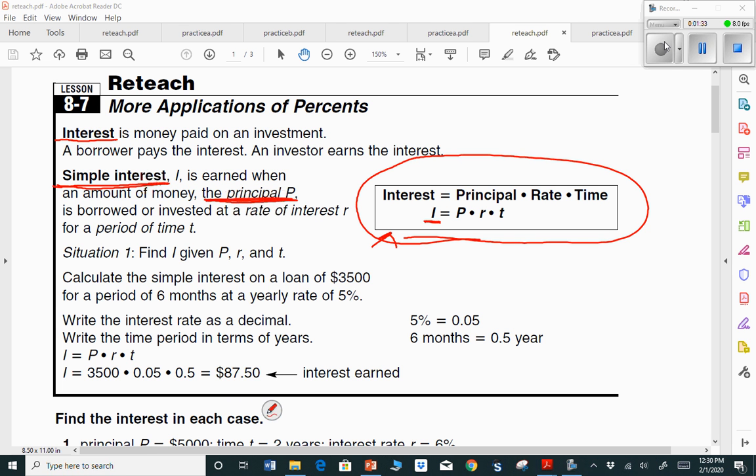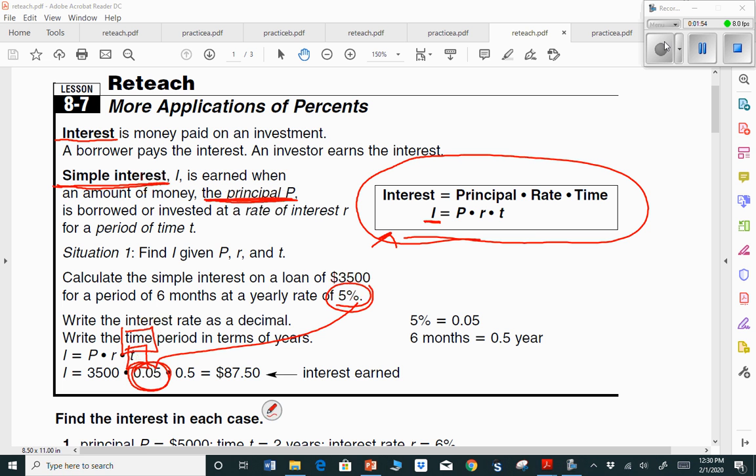The rate is the percent, okay? If they say that the annual rate is 5%, notice that it gets written as a decimal when we start doing our calculations. And then T means time.